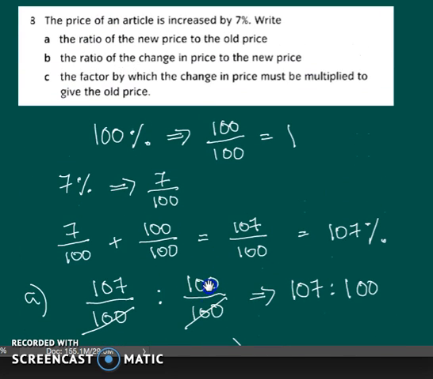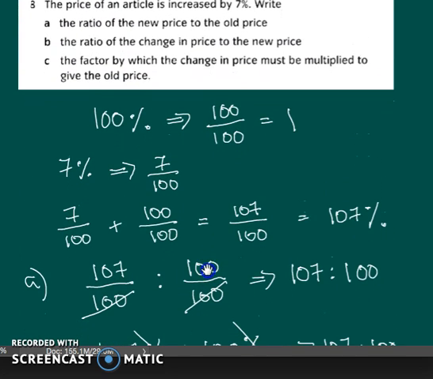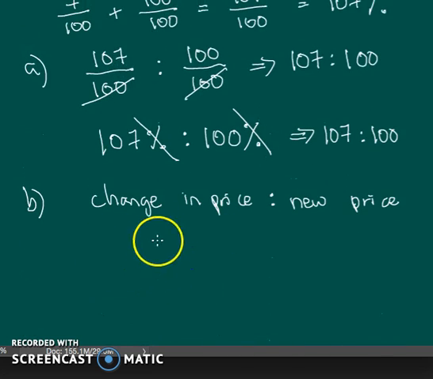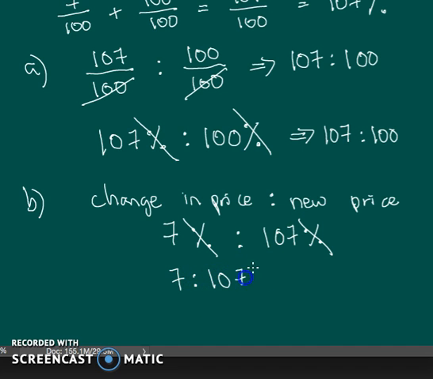So the price increased by 7%. So 7% is the change. So the change in price was 7%. The new price was 107%. Getting rid of these percentage signs, our ratio that we're left with is 7 to 107.